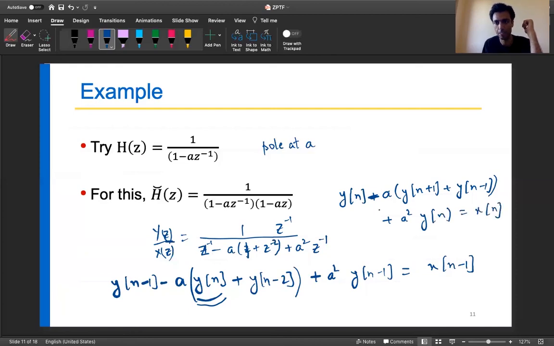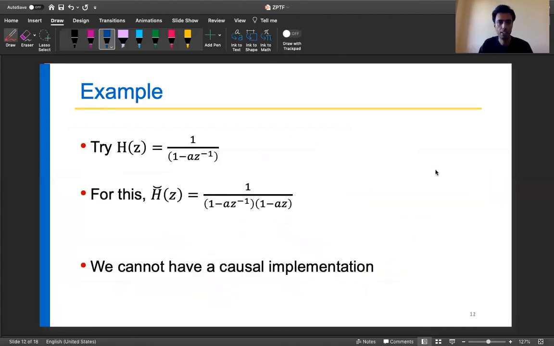If I try to implement it in terms of y[n], this will be a stable implementation, but it won't be causal because it needs y[n+1], which I don't have. So this was an example to give you an idea that we cannot have an implementation which is both stable as well as causal.